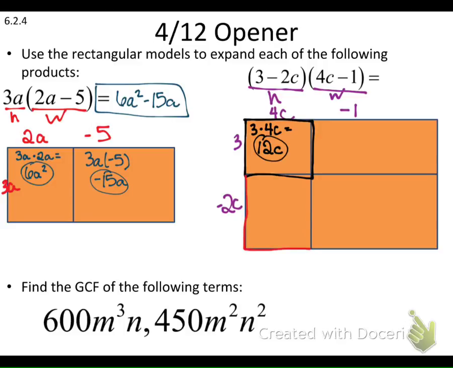All right, my red rectangle. Beyonce, what am I going to take? I did mine backwards, but it's negative 2C times 4C, and that equals negative 8C squared. It's all right that you did it backwards as long as you caught it.